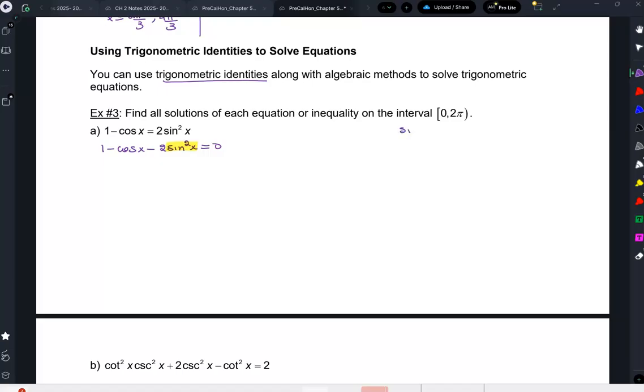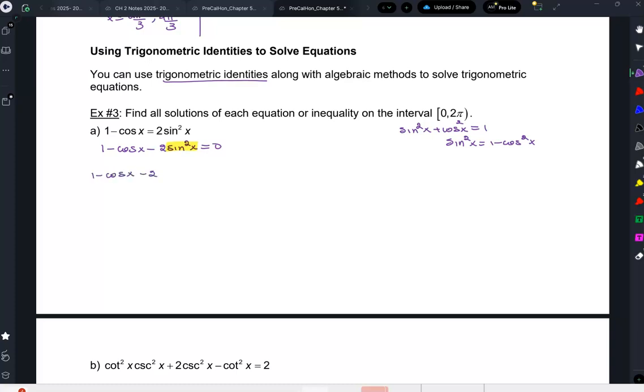So look at this one. Sine squared x plus cosine squared x is equal to 1, right? Now, I want to get rid of the sine squared x. So let me solve this for sine squared x. When I subtract the cosine squared, sine squared x is 1 minus cosine squared x. So now let's substitute.